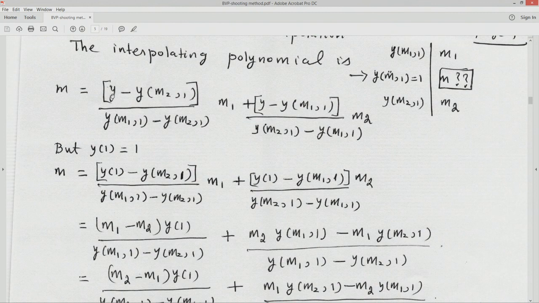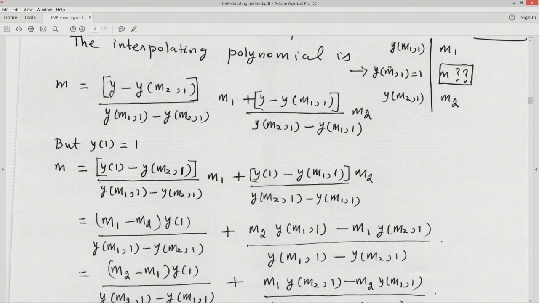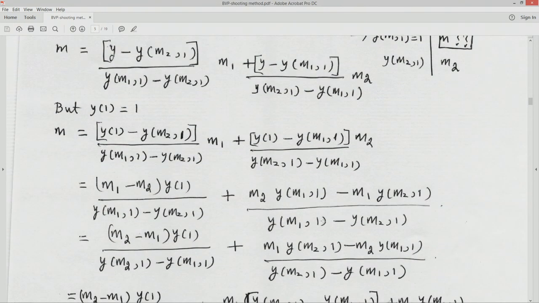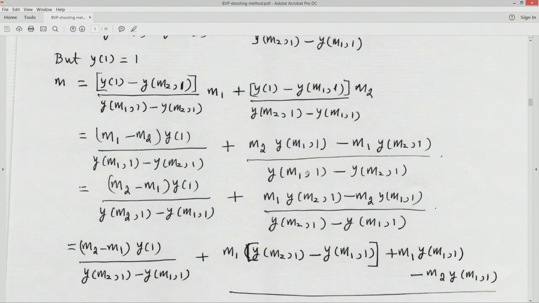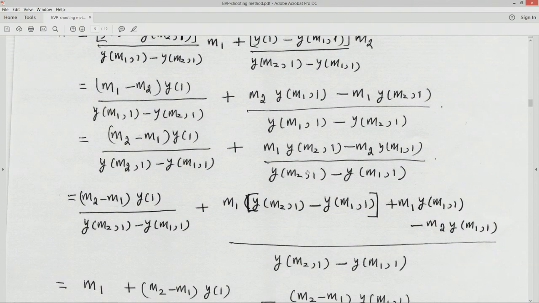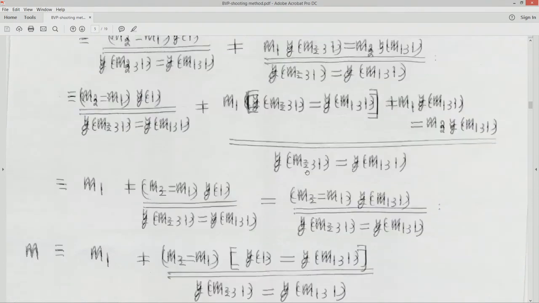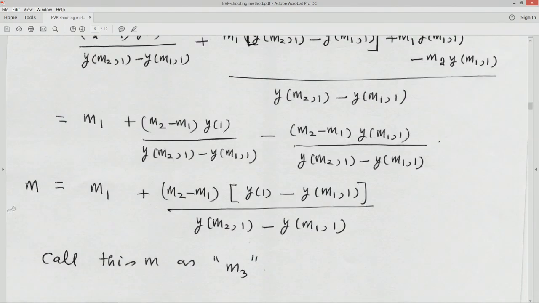So, I substitute y of 1 here and then determine what that m is. We perform some simple computations and end up with the result that m is equal to m1 plus (m2 minus m1) into (y of 1 minus y of m1, 1) divided by the difference between the two solutions of the two initial value problems that we have considered.